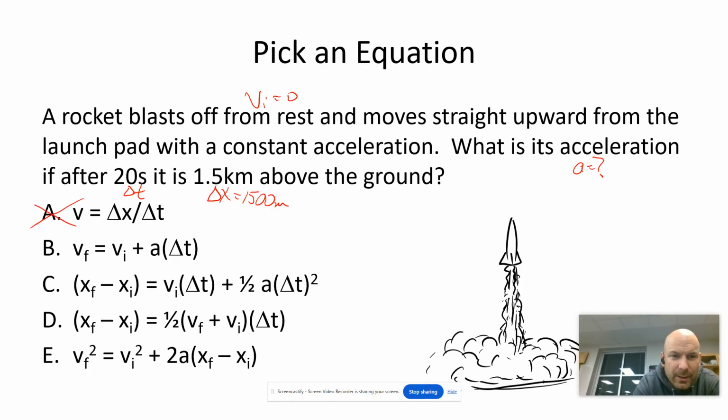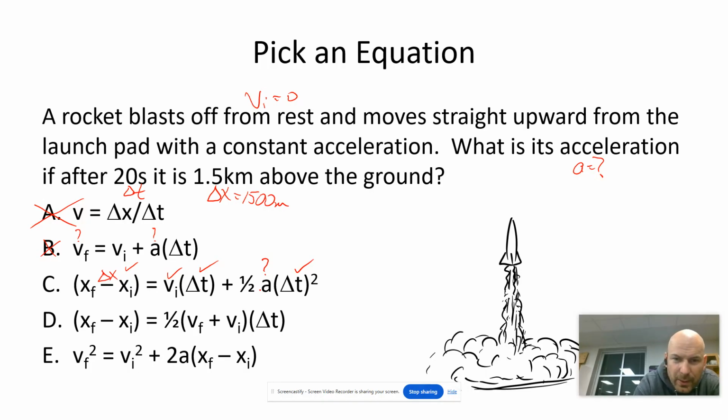Velocity is changing, so I can't use A. Initial velocity, final velocity, I don't know and I don't care. So that one's out. Displacement, I have initial velocity, I have time, I have acceleration, I don't have final velocity, oh, that's looking good.